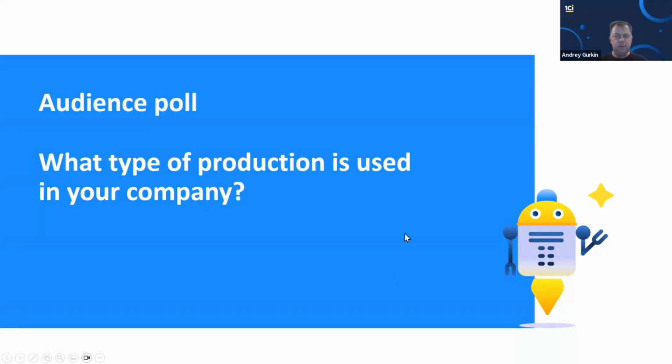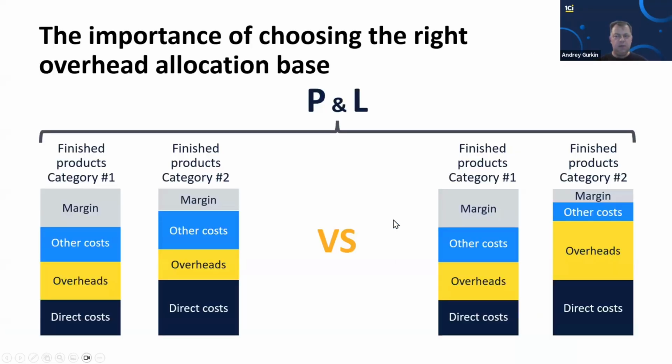So let's go further. First of all, normal costing and actual costing. And inside this actual costing, if we are comparing different allocation bases, you can see that in total we will have the same sales or retail price for the customer.